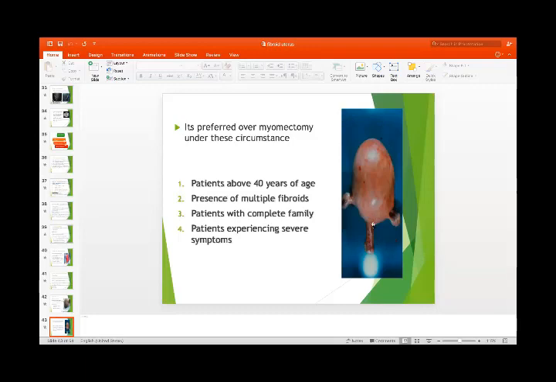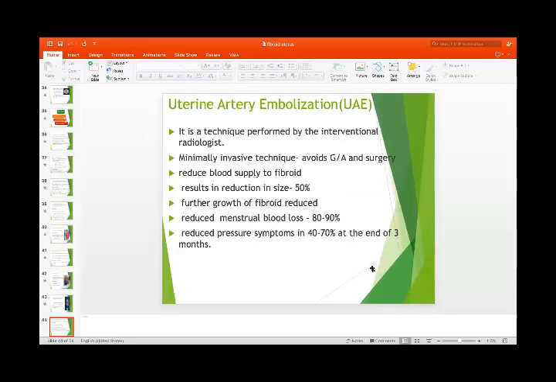This is the whole of the uterus, this is the cervix, and these are the tubes with it. And this is the huge fibroid which is present in the fundus. So this is a hysterectomized specimen of uterus. Hysterectomy is indicated if the patient is more than 40 years, has completed her family, has multiple fibroids, and has severe symptoms.